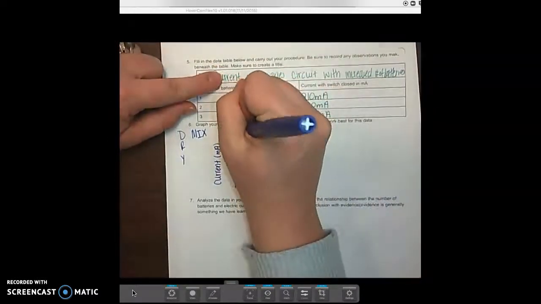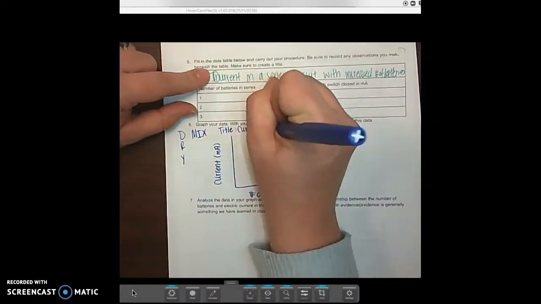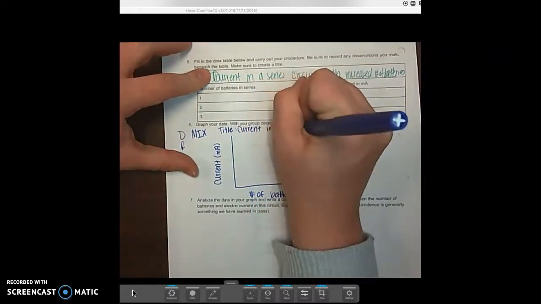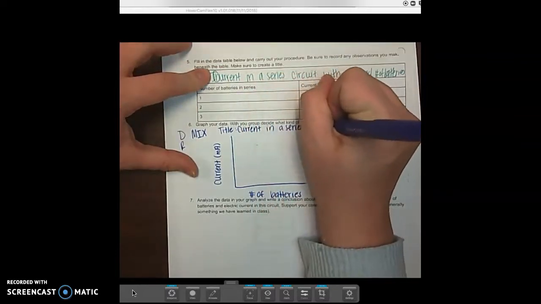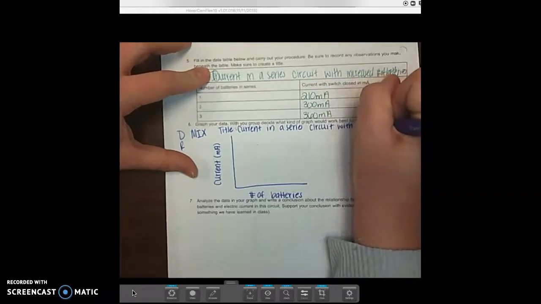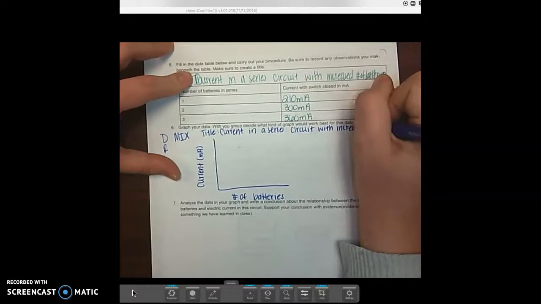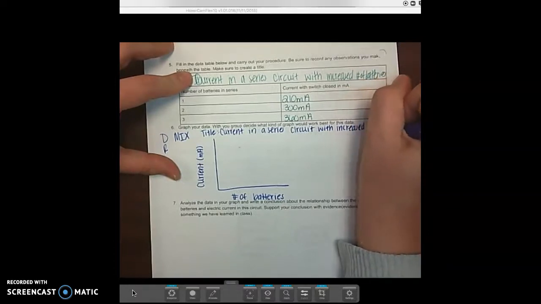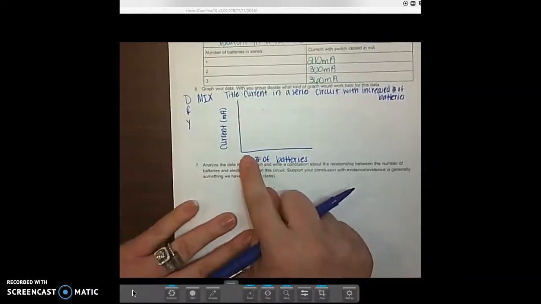And we've already created our title. So it's the current in a series circuit with increased number of batteries. Now we're going to start our scale.